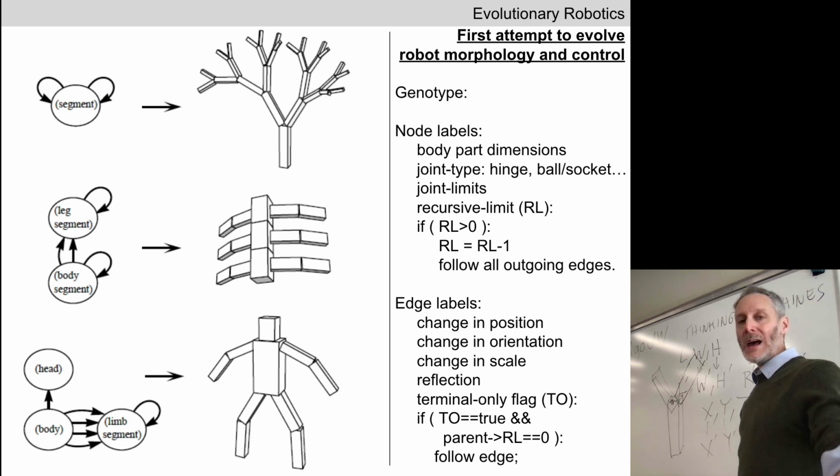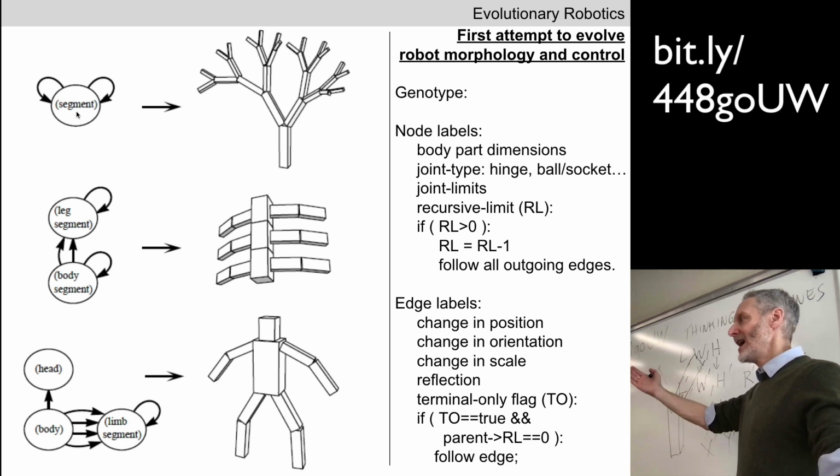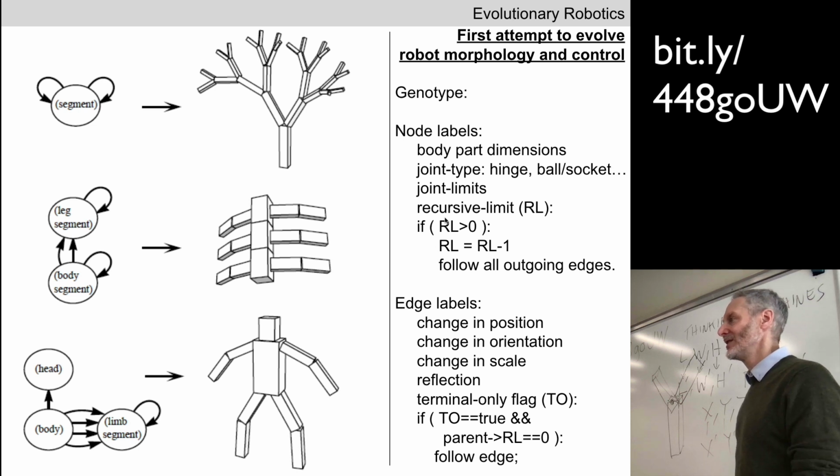What happens if a mutation, let's take this genotype right here. Imagine this genotype survives and produces an identical copy of itself, a child graph, and one and only one mutation event occurs, which is a mutation hits the recursive limit inside this single node, and it increases the value of this recursive limit.